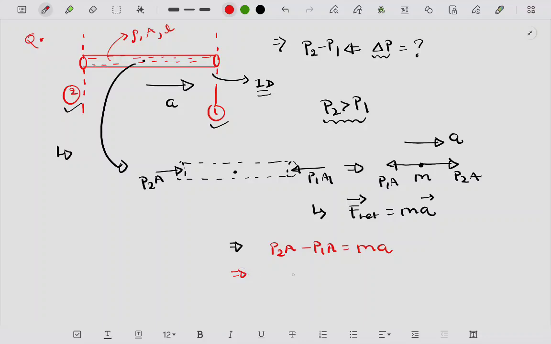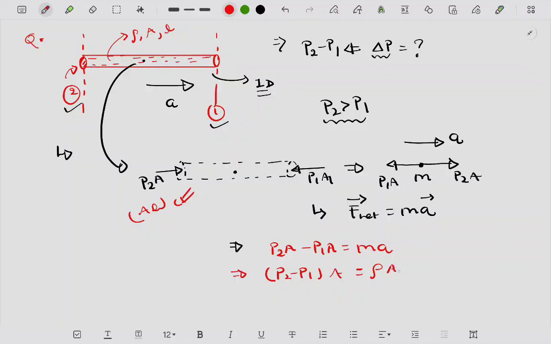If you see, we can take the area term common, where A is the cross section area of this tube. Mass of this fluid can be written as rho into volume. What is the volume of this? It's cylindrical in nature, so the volume is the area of the base into length, which is given in the question.